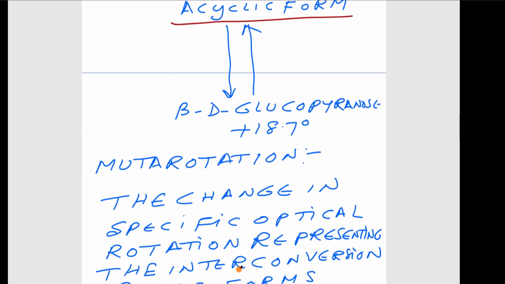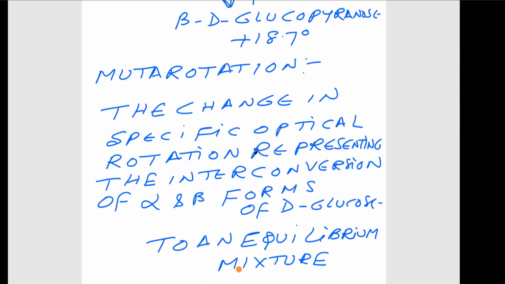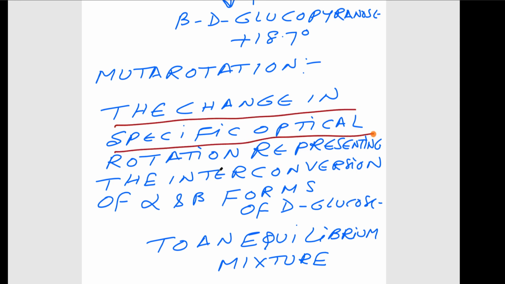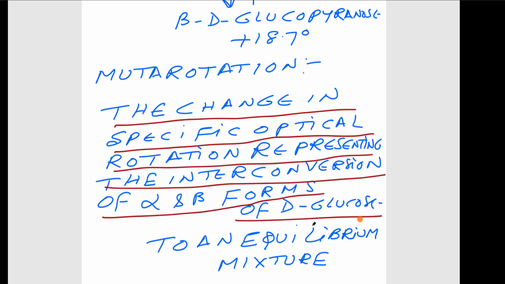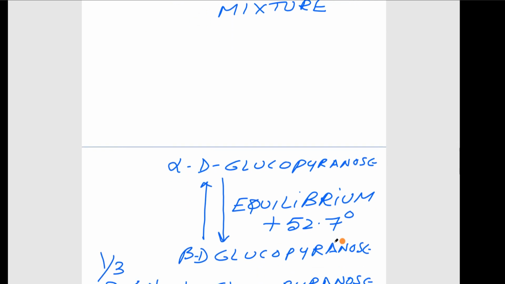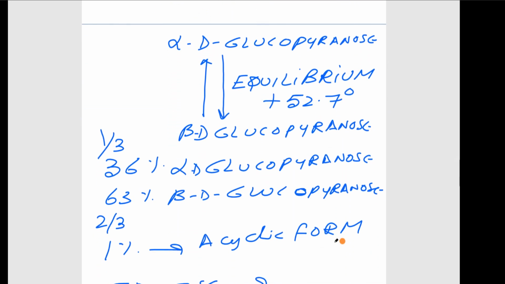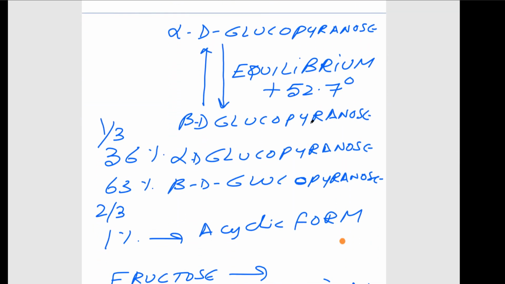Then next we described the mutarotation, the change in specific optical rotation, representing the interconversion of alpha and beta forms of D-glucose at equilibrium mixture. So here alpha D glucopyranose is converted to beta D glucopyranose. At equilibrium, the specific optical rotation is plus 52.7.